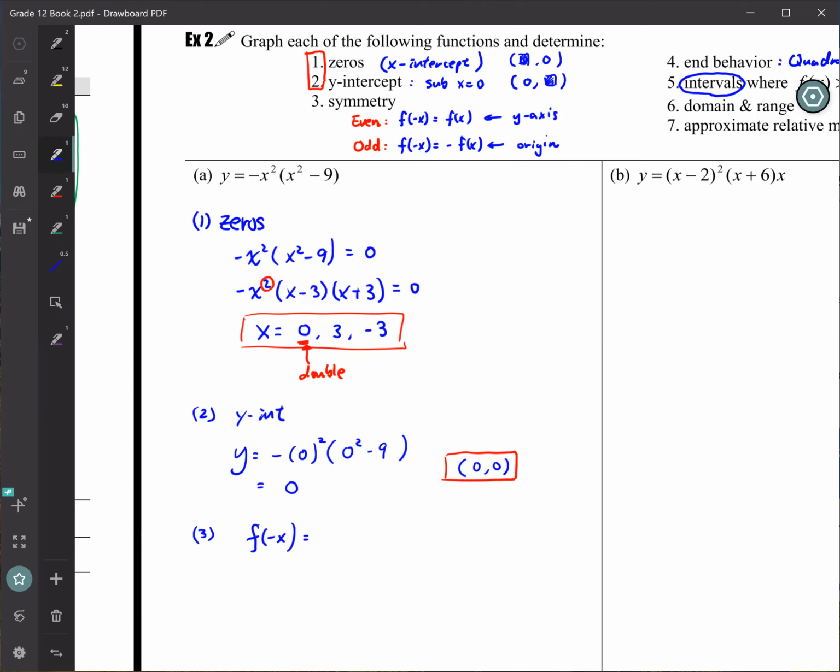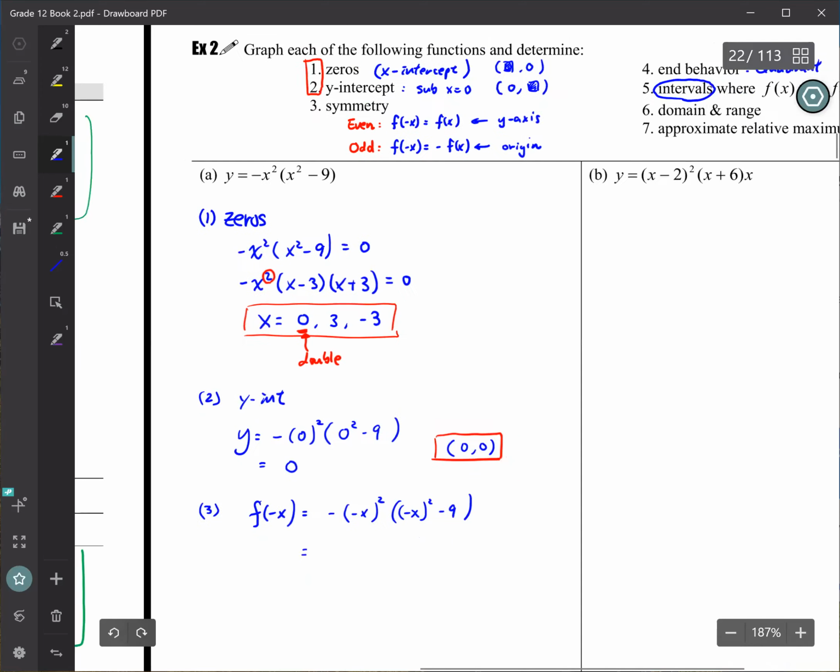So we would sub in negative x. And simplify this. I'll let you simplify this by yourself, and please raise your hand when you're done simplifying.